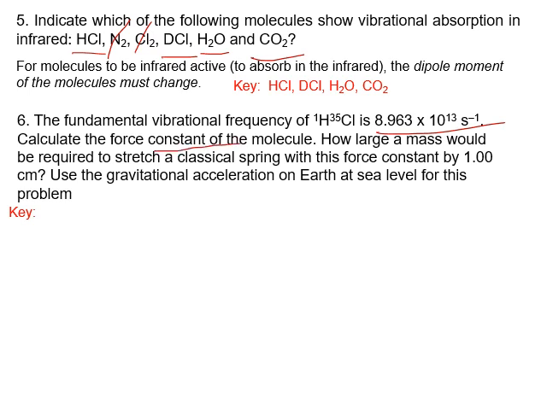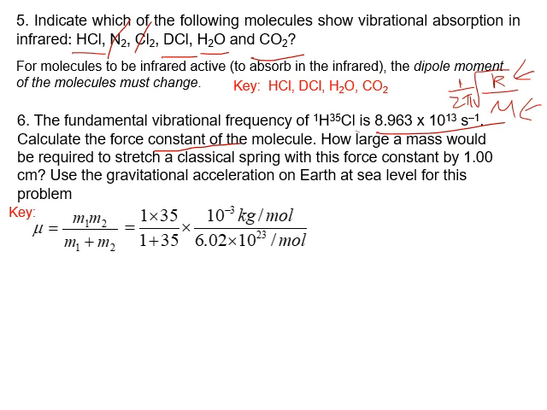All right. So under the harmonic oscillator approximation, this frequency equals 1 over 2 pi square root of k over mu. Okay, that equals the natural frequency. So in order to calculate the force constant, we need to calculate the reduced mass.